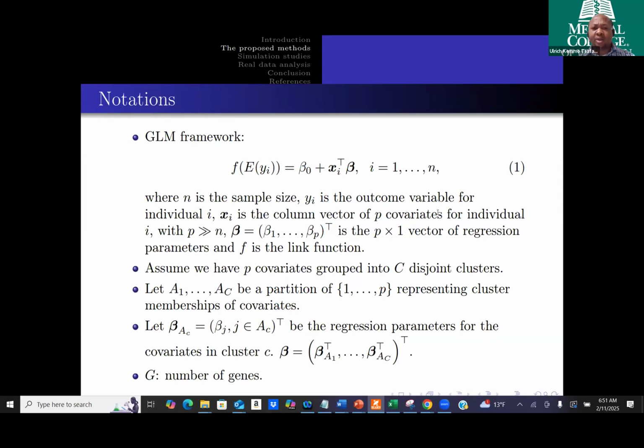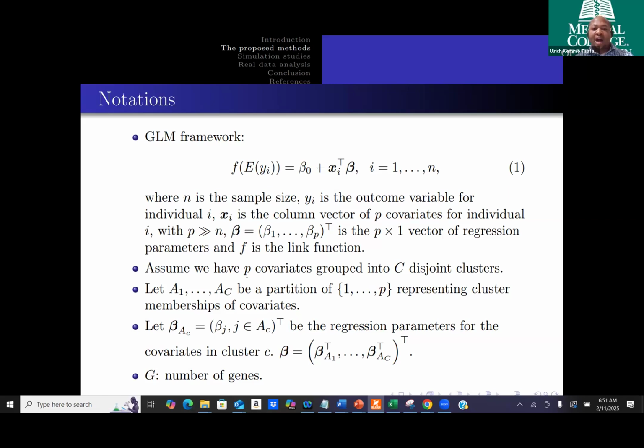The screening method that we propose is based on a generalized linear model, given in equation 1, where f is the link function, yi is the outcome variable, beta is the regression parameter, and xi is the covariate vector. n is the sample size, and this is for individual i.